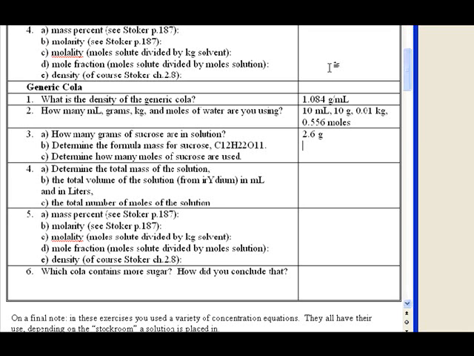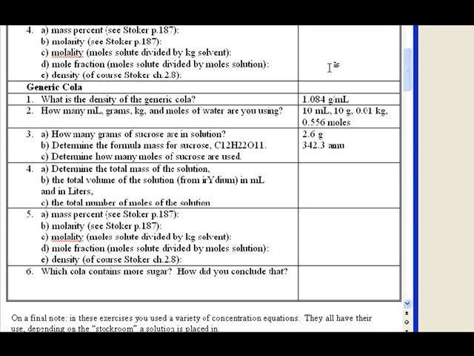So it's 12 times 12.01 for carbon, and again, I do that on the side here on my calculator, plus 22 times 1.01 plus 11 times 16.00, and I come up with a formula mass of 342.3 AMU, atomic mass units.